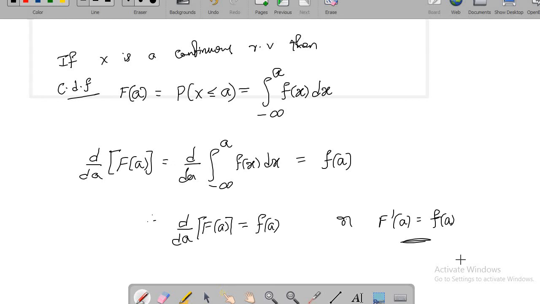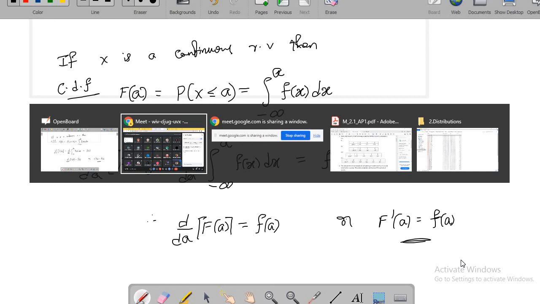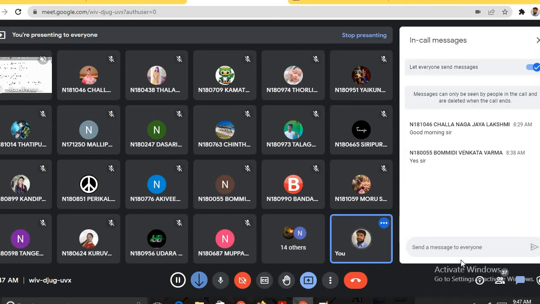Like when you toss a coin 100 times, how many heads are you expecting, if your random variable is the number of heads. That's what we'll discuss in the next class: mathematical expectation and variance. Okay, so here I'll stop. Let me know if you have any questions or doubts.